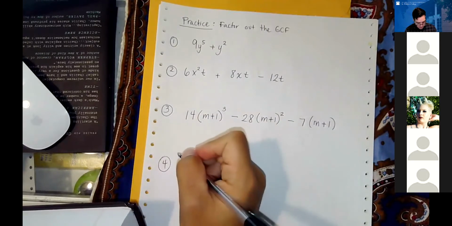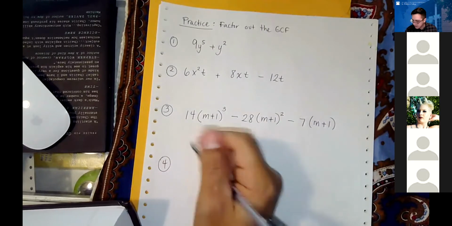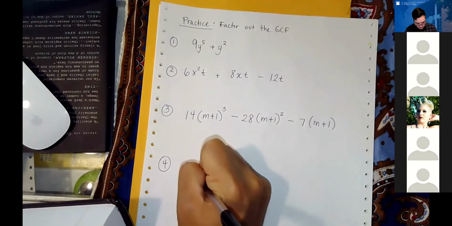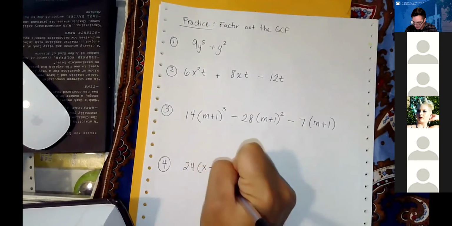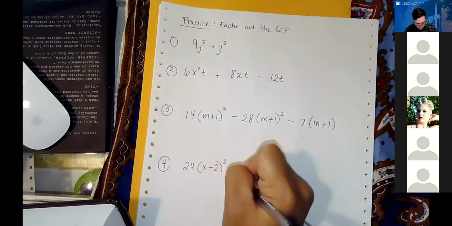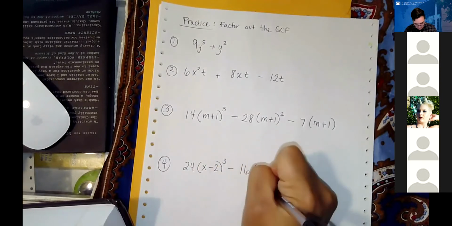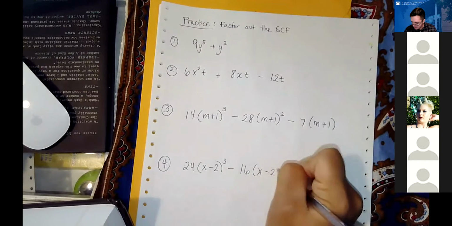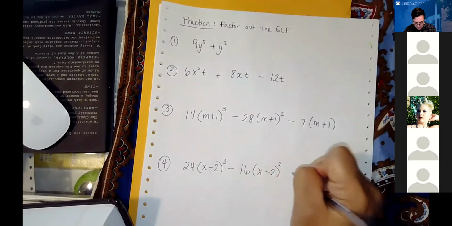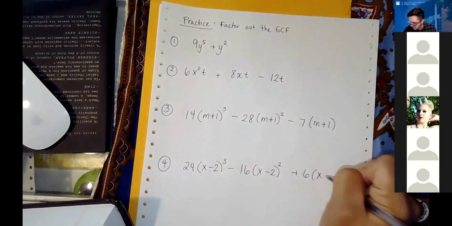And I'll give you one more just for good measure. 24 times x minus 2 cubed minus 16 times x minus 2 squared plus 6 times x minus 2.